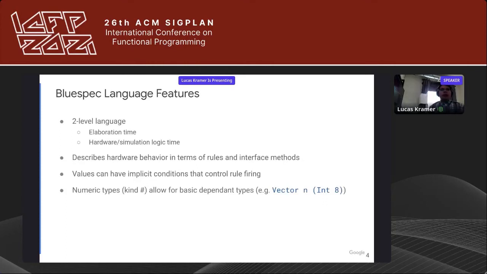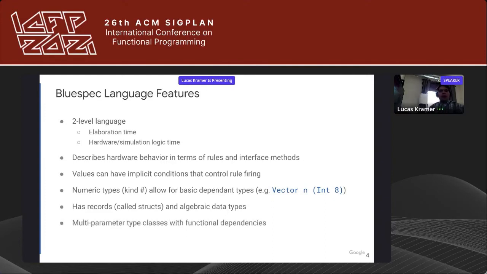We can have numeric types, which we call kind pound, that let us have things like a vector of n 8-bit integers as a type. Bluespec also has records, which are called structs in the language, and algebraic data types, just like Haskell algebraic data types.